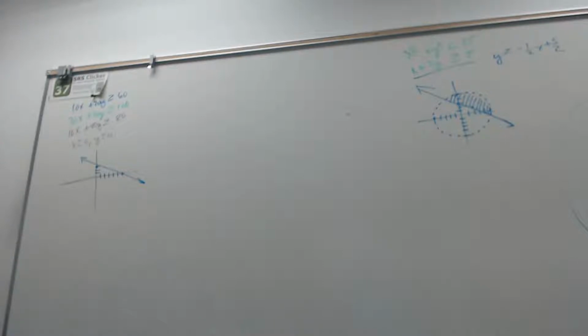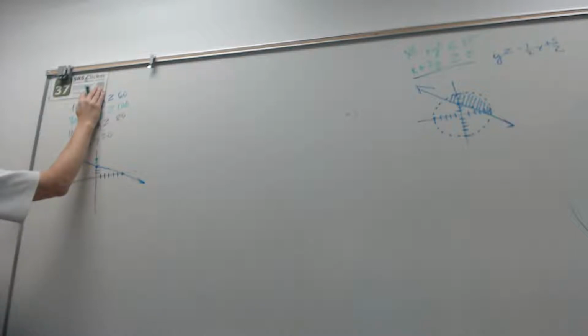Yeah. If x is 0, y is 5. So I got 3. I really drew that badly, didn't I? Let's try that again. Okay, 3, 4, 5. If y is 0, x is? That was mean.